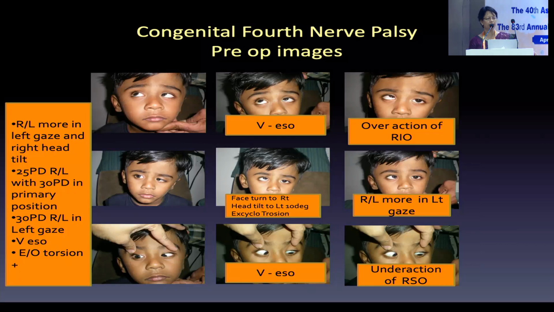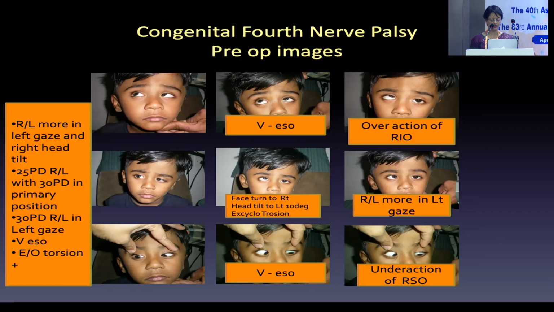Now, coming to this case of congenital fourth nerve palsy, you can see a significant facial asymmetry. The patient had a right hypertropia, R by L, which was more in left gaze and right head tilt. There was about 25 prism diopters of R by L with 30 prism diopters of esotropia in the primary position, and the R by L increased to 30 in the left gaze.